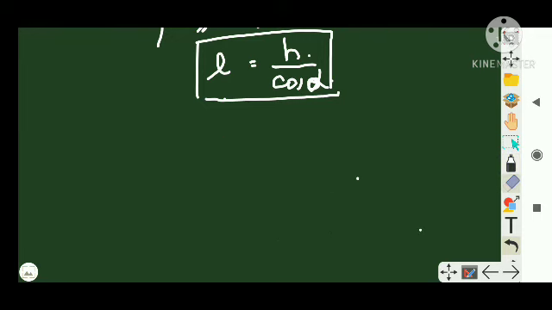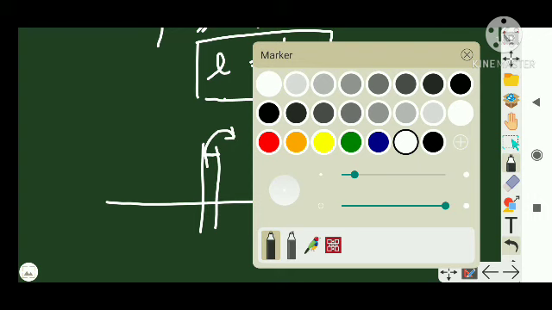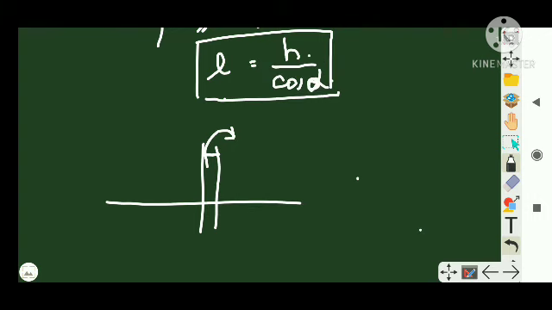The simple thing I want you to understand is, if you have a capillary tube and you dip it in some liquid, the water is never going to overflow, because this h by cos theta is always constant. Here you can see in the equation that h is equal to 2s cos theta by r rho g.